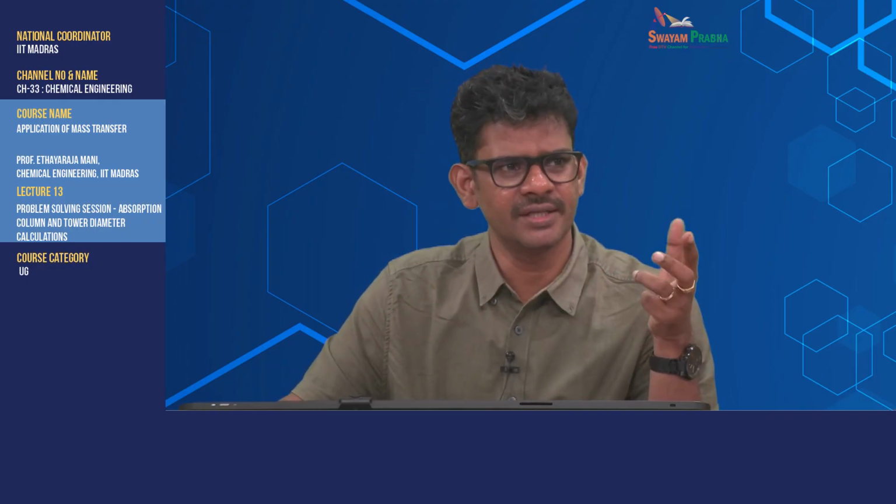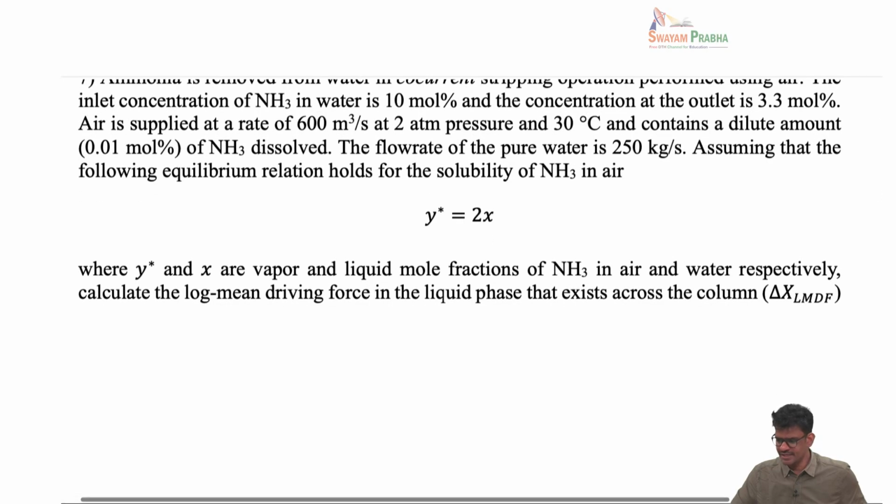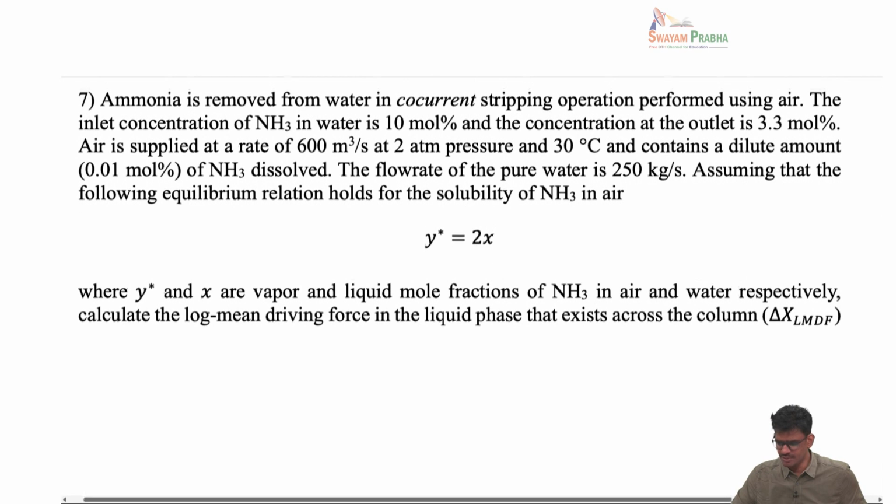Whereas in counter current, you can keep the driving force pretty much uniform across the equipment. That's why we often go for counter current, so that the driving force is almost equal, so the mass transfer rate will be equal throughout the equipment. This problem tries to illustrate that principle a little bit more.